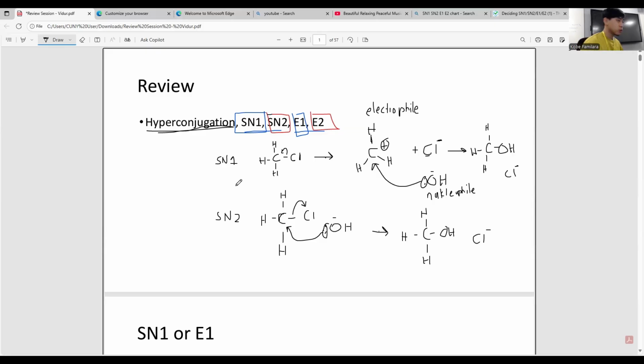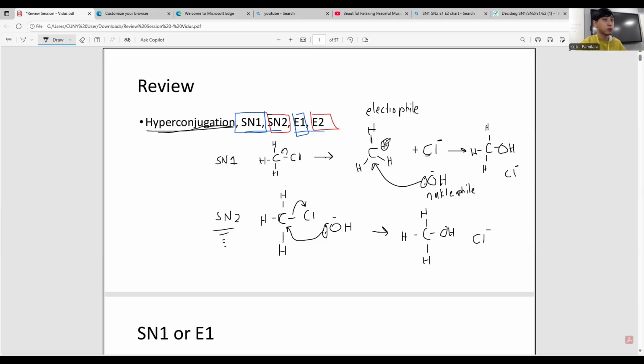So between these two, SN1 and SN2, we have the same product, but very likely this SN2 reaction will be the one occurring, because the intermediate, this carbocation, will be very unstable.